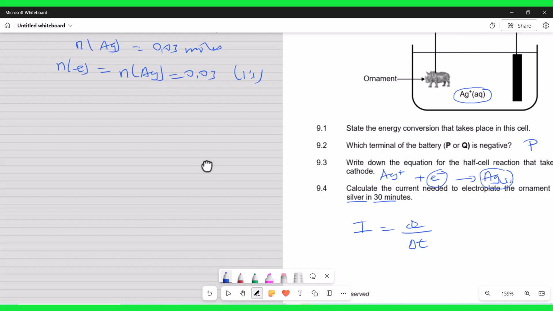Now that I know the number of moles of electrons, I can be in a position to know the number of electrons. Why?